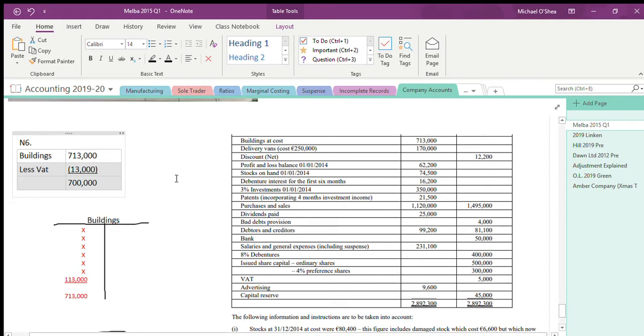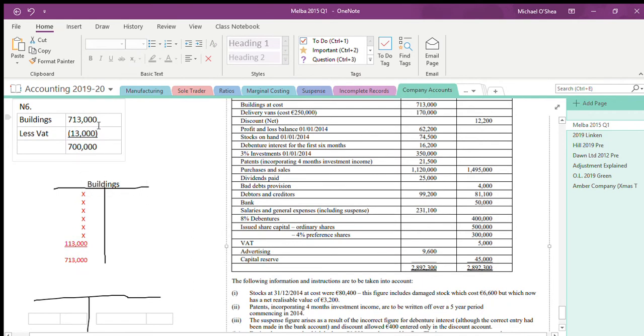Just because you paid more money for those buildings because you paid a bunch of tax, it doesn't mean that tax increases the value of your buildings, or the value of your company. It really is just a nuisance, an expense you have to pay, but it never increases the cost of a fixed asset. I just wanted to go through that in a little bit of detail rather than just sending you this.